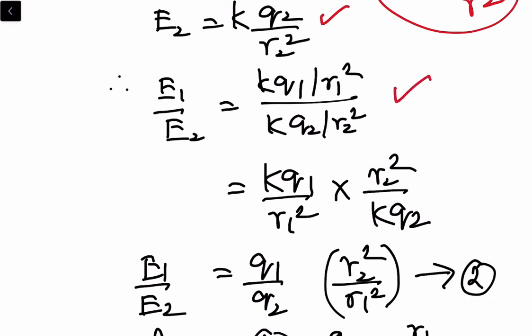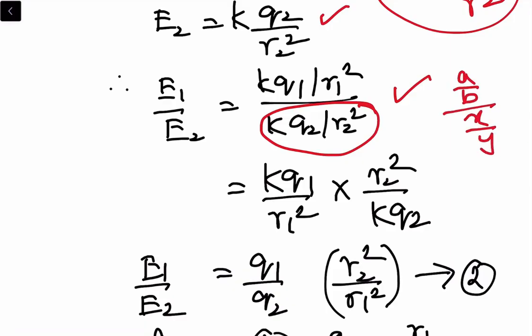Then you can write it as KQ1 by R1 square, and here the denominator R2 square comes up because it is like A by B divided by X by Y, which becomes A by B into Y by X in mathematics. So it comes KQ1 by R1 square into R2 square divided by KQ2.